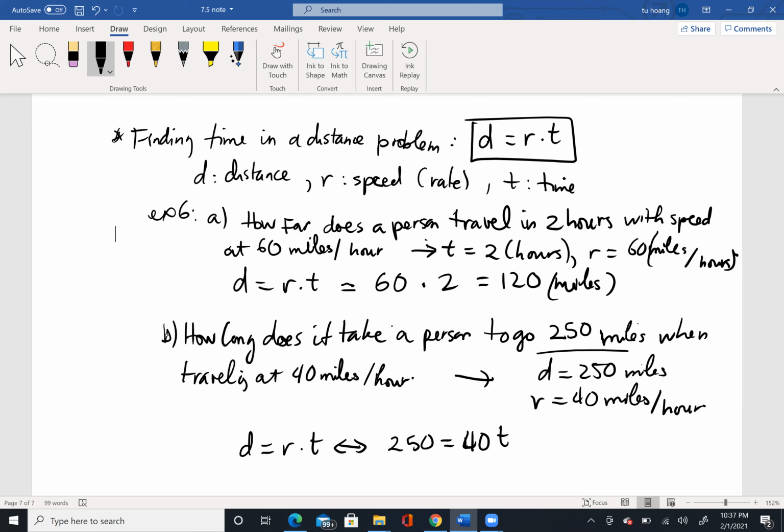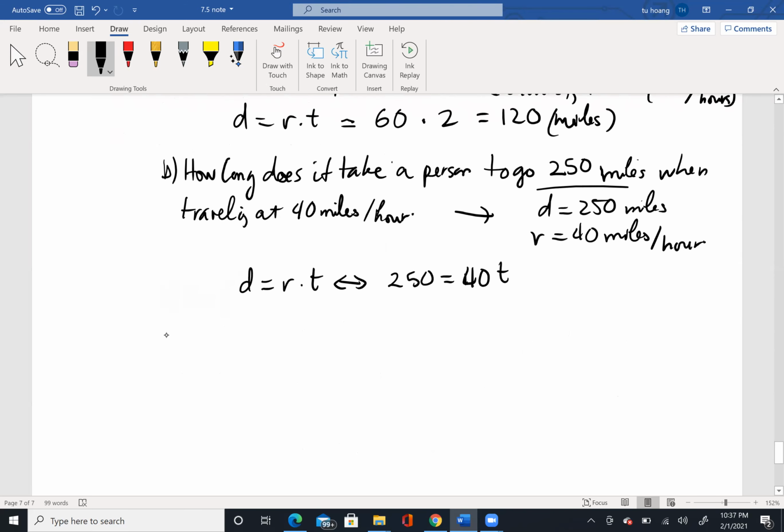In order to find t, you just divide both sides by 40. So t equals 25 over 4, which can be rewritten as 6.25 hours.